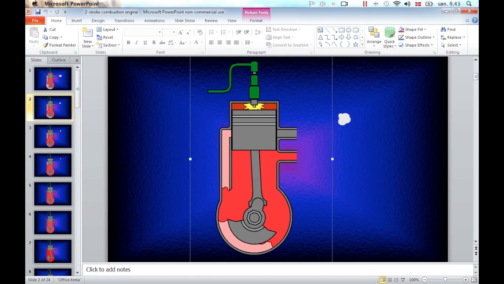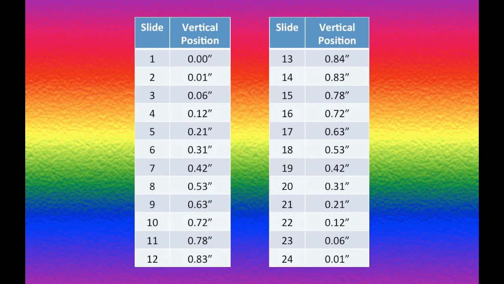Now the piston needs to travel the exact same downward distance as the piston shaft, but without any rotation. So for each slide, this is the vertical position calculated for the piston image.